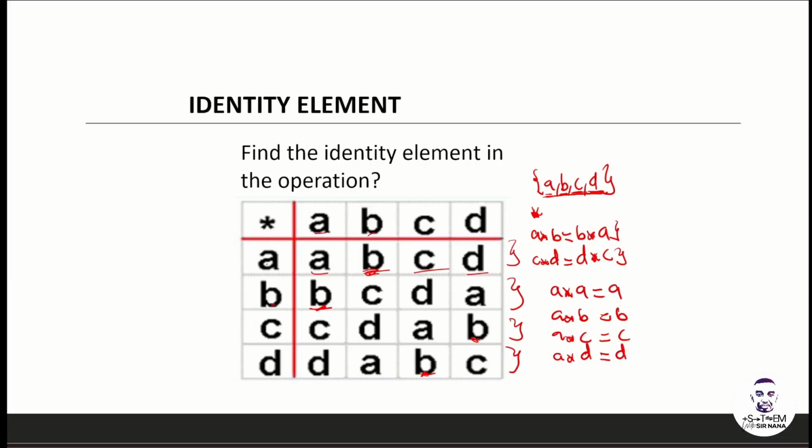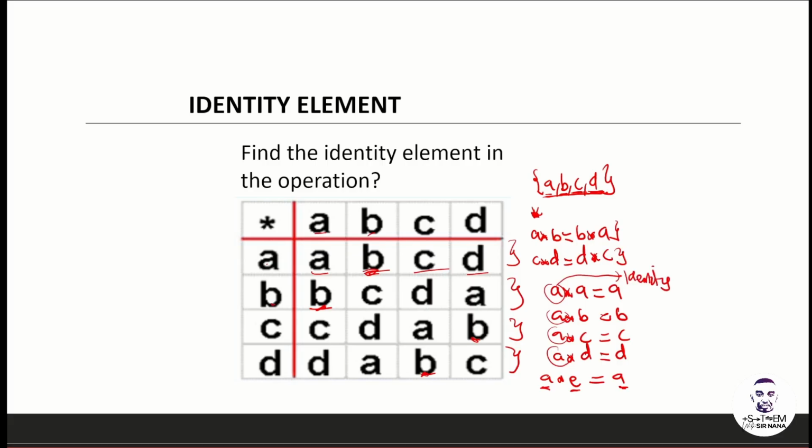Now, when we compare this, we are saying that, for instance, we can have A operation E to give us A. So a number, when we operate it on the identity element, should give us the same number. So among these, we see that when we take this A, this A, this A, this A, the repeated one is the identity element. So this represents the identity.